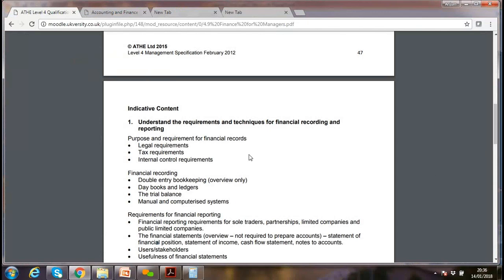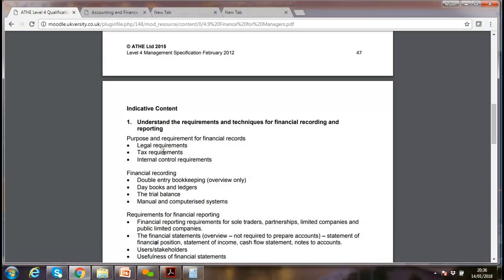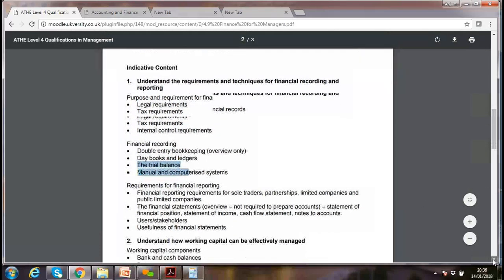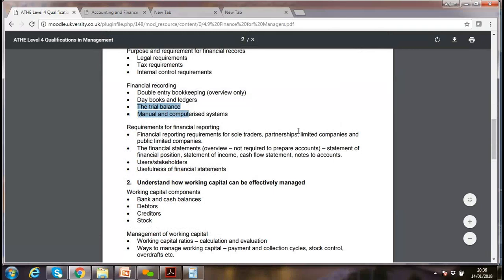I'm going to send you the book as well. So we discussed legal requirements and internal requirements. We discussed double entry bookkeeping, debit and credit, as shown under the trial balance, and I mentioned how many types of statement we prepare. A limited company must publish four types of statements: income statement, cash flow statement, financial position, and shareholder statement.